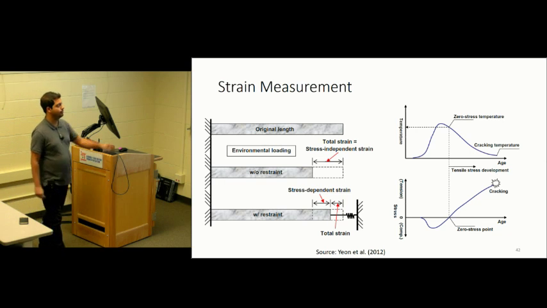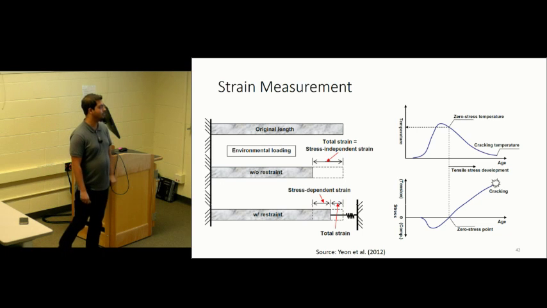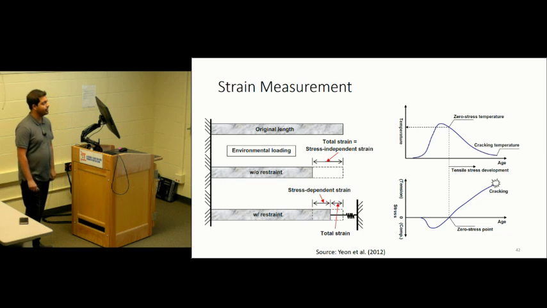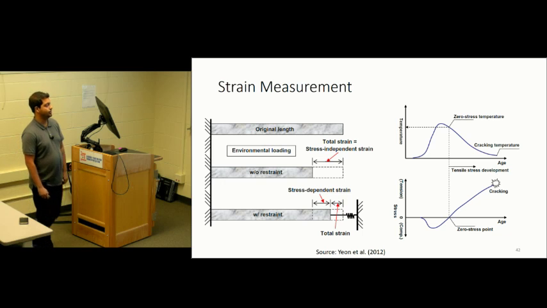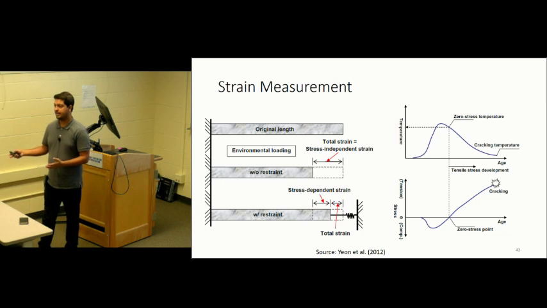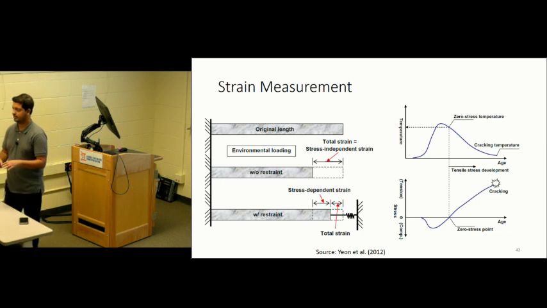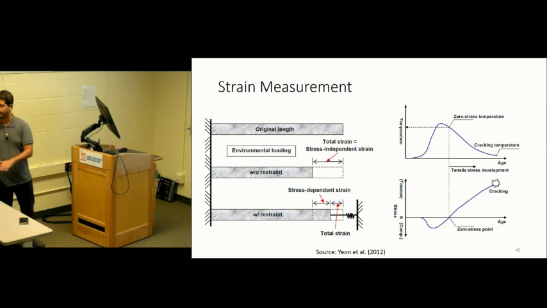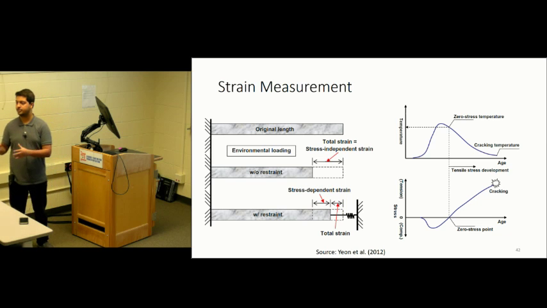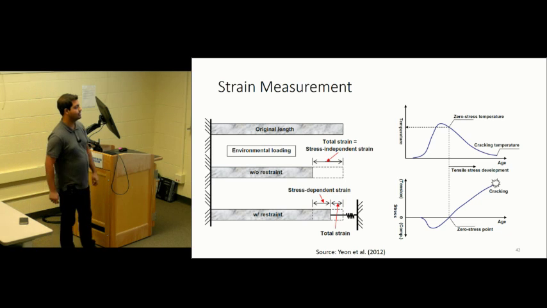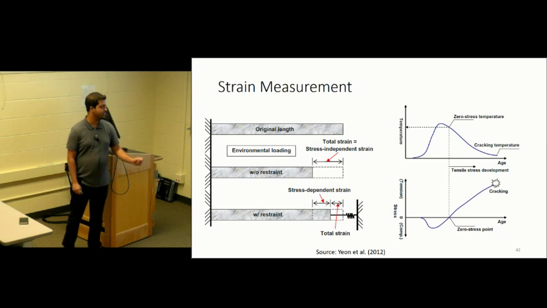So we have a typical concrete hydration curve. Initially concrete is plastic when we place it and it starts surrounding the strain gauge. So there is not much meaningful data that comes from the concrete because it doesn't have any stiffness. It's not strong enough to provide any strain. Eventually the concrete sets and we find a zero stress point.